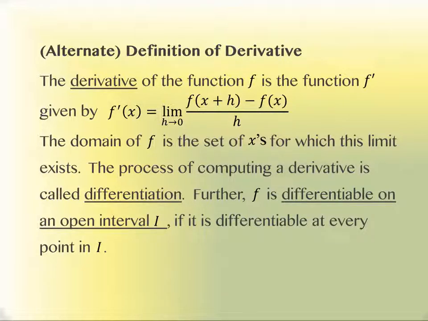Further, f is differentiable on an open interval I if it is differentiable at every point in I. Quite a bit of writing on this slide. Jot that down, and then I'll talk you through the actual differences that we see in the definitions here.